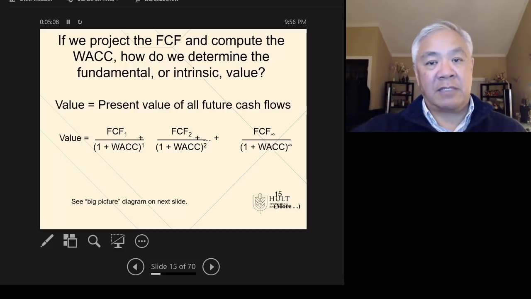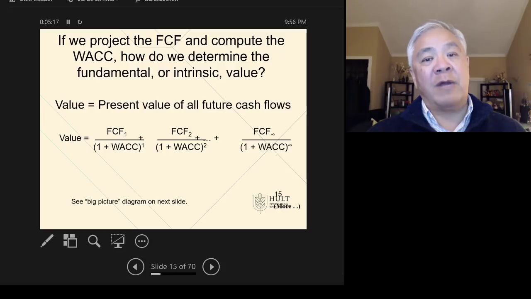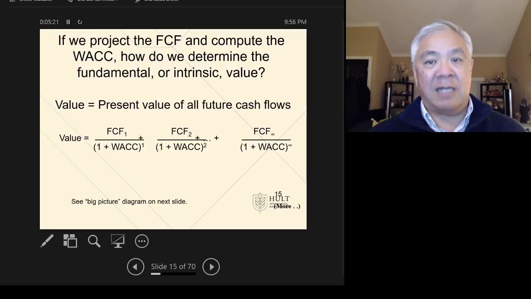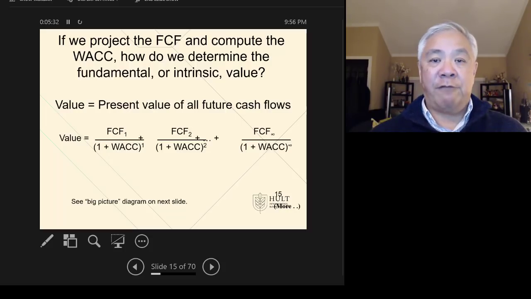Then you take the cash flow that's 2 years out, FCF2, and then divide by 1 plus WACC raised to the second power, because you're waiting 1 extra year to get your money. So the longer you wait to get your money, the larger and larger that denominator becomes. And that's why we call it discounting the cash flows. All right, so that would be the generic formula for a free cash flow based method of valuation.